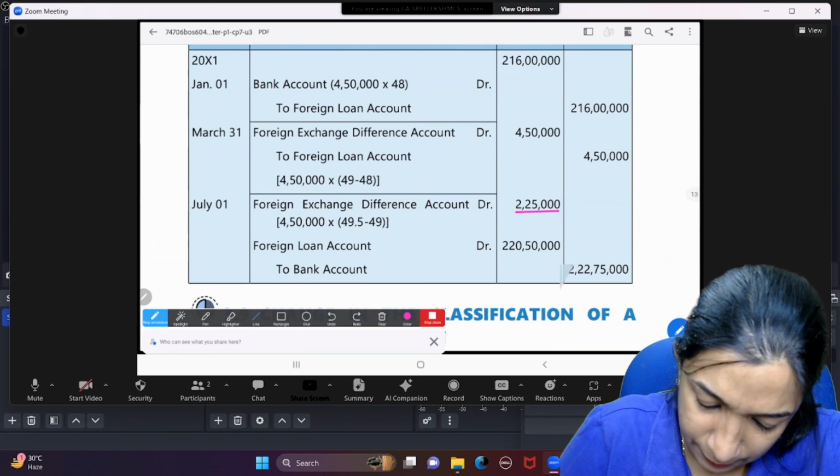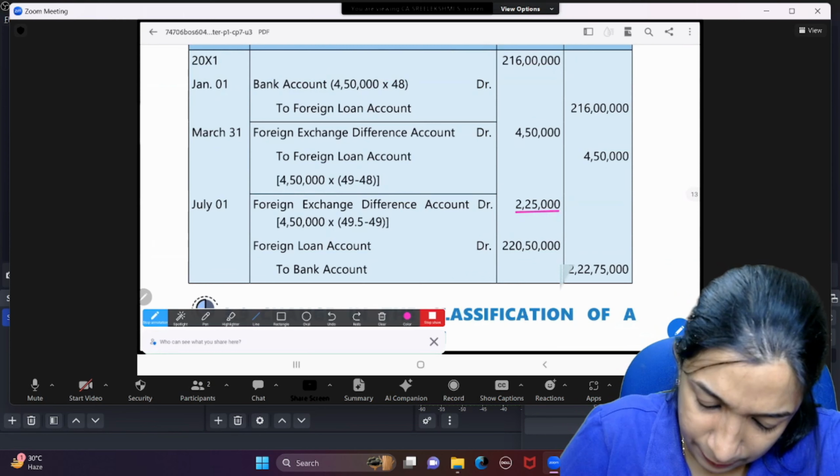15,000. Yeah, correct. Now in my balance sheet, 15,000 into 74, 11 lakh 10,000, is appearing as creditors. Yes or no? On the balance sheet date, my creditors is equal to 11 lakh 10,000. Now on the actual date of settlement, it is 73. Again, it's good news for the entity.